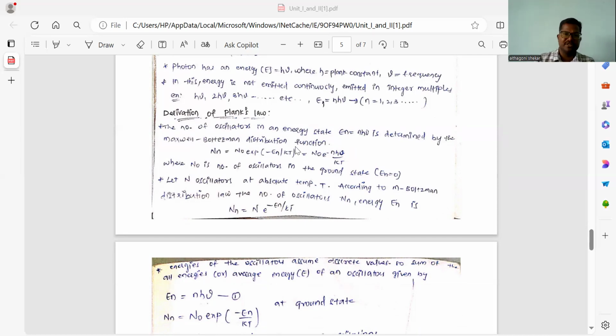According to Maxwell-Boltzmann, the number of oscillators is Nn equal to N naught exponential of minus En by kT, which we simply write as N naught e raised to minus n h mu by kT. Both forms are the same.